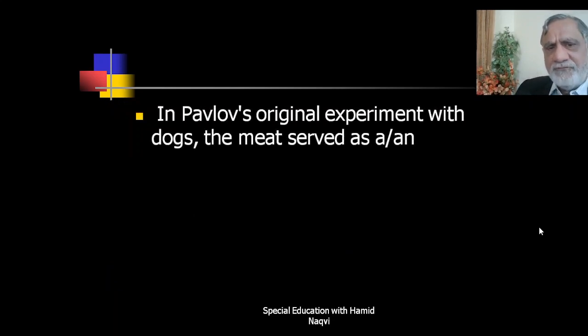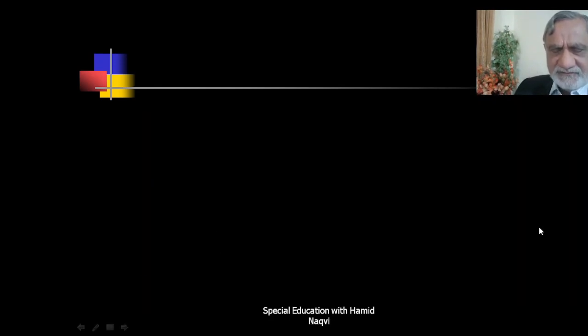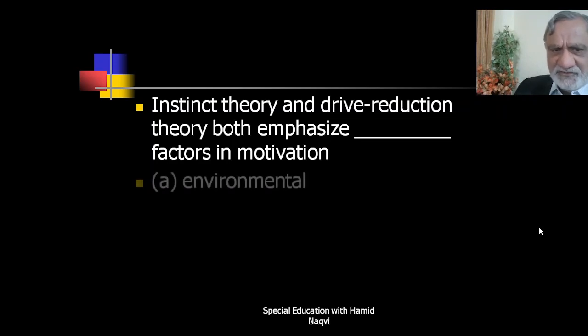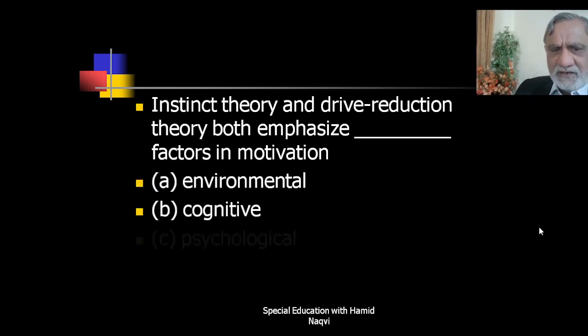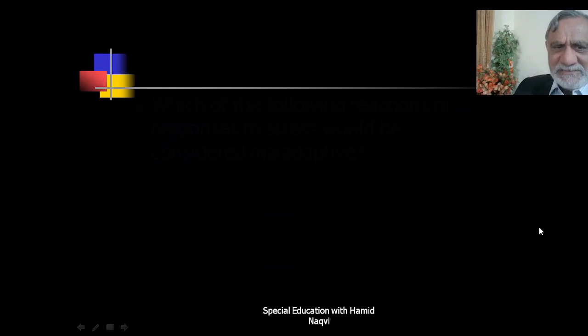In Pavlov's original experiment with dogs, the meat served as CS, CR, UCS, or UCR? Correct one is C, that is UCS. Instinct theory and drive reduction theory both emphasize which factors in motivation: environmental, cognitive, psychological, or biological? Correct one is the last one, that is biological.